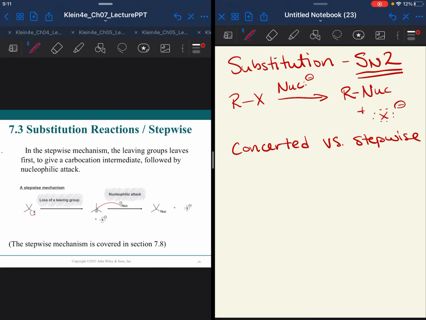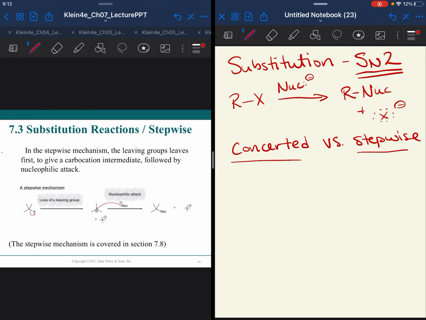Helps us to identify if multiple products are made, which one are we going to get the most of? What is the major product? And so this whole class is going to be about this story of bonds breaking and forming, and concerted versus stepwise is important.